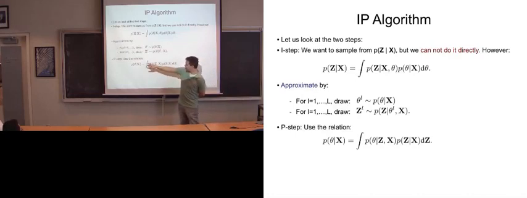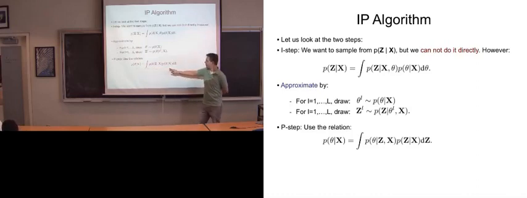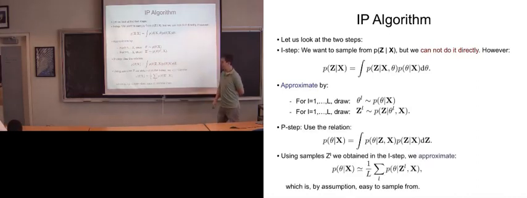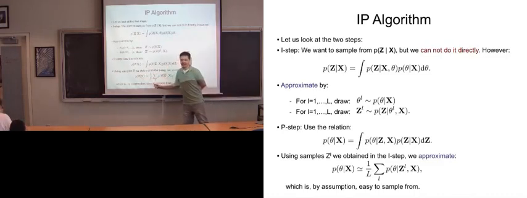For the posterior update step, you can use the following relation. The posterior of the parameters is given by the posterior of the latent variables times the posterior of the parameters given latent variables, with latent variables integrated out. Again, the same property: if you draw samples Z from this distribution, then you can approximate the posterior.